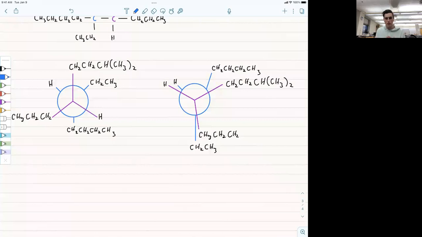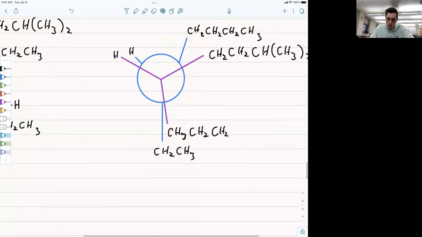This is another kind of topic you're going to want to know because I had to draw something like this. I will note, I said earlier that we're looking for the biggest atomic mass. The reason I said that is because we're looking at only carbons in this case, but typically you're going to look at the first atom that it's attached to and ask about that one, and then move on to the next one.